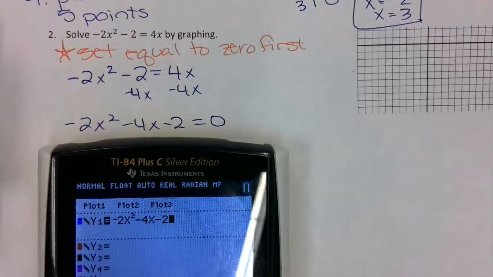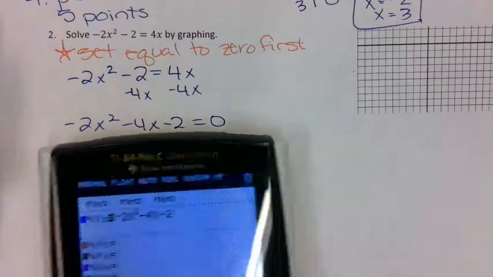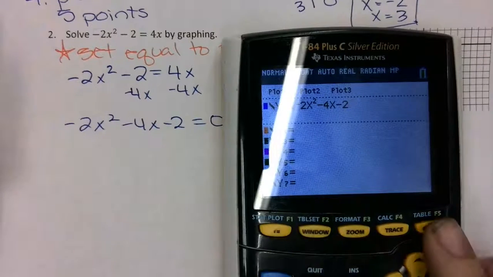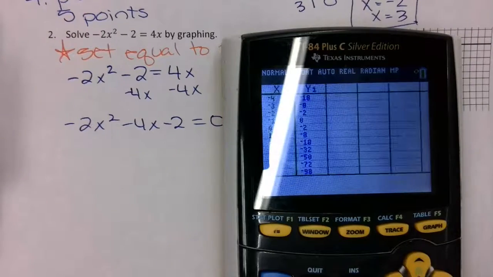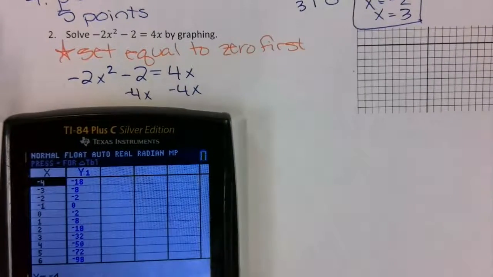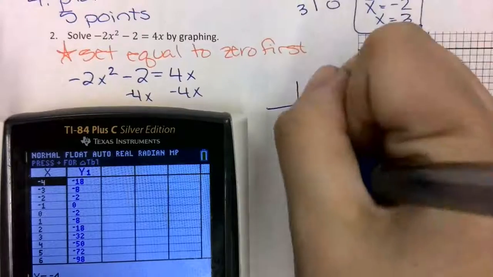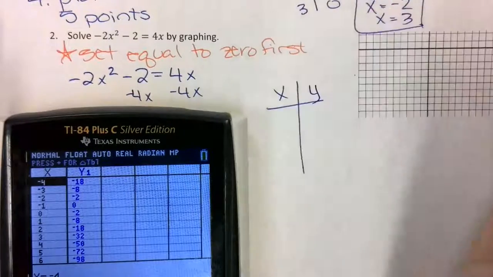Okay, then I want to do what? How do I see my table of values? Second, and then graph. And then I have my table of values. So I'm going to write them down.